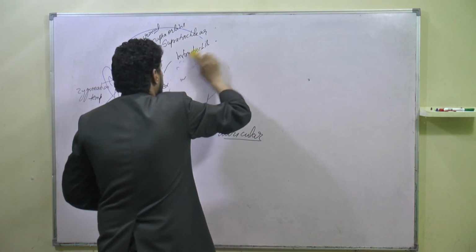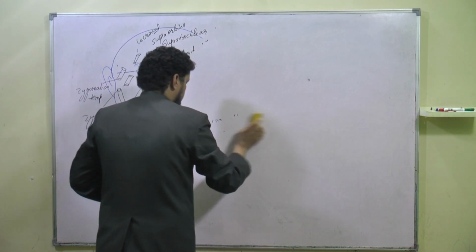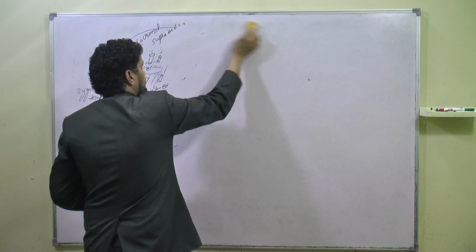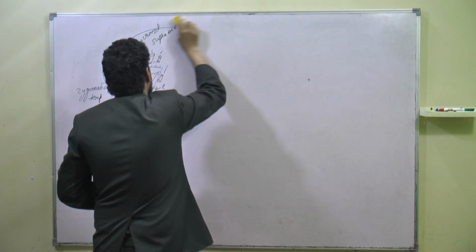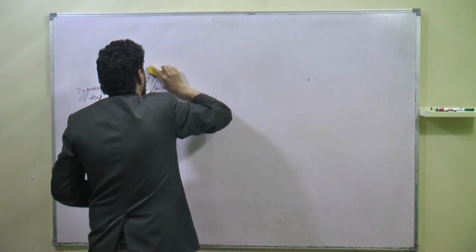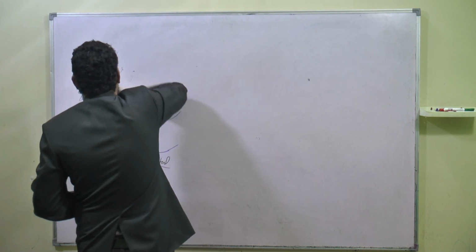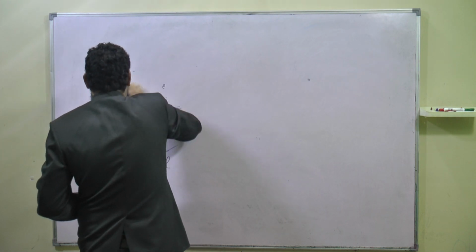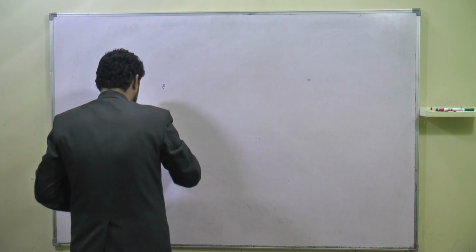So mainly the face is supplied by the facial artery. The facial artery is a branch of the external carotid artery.